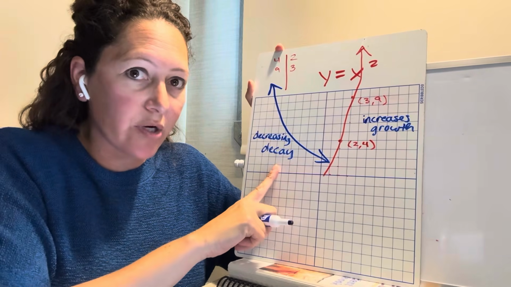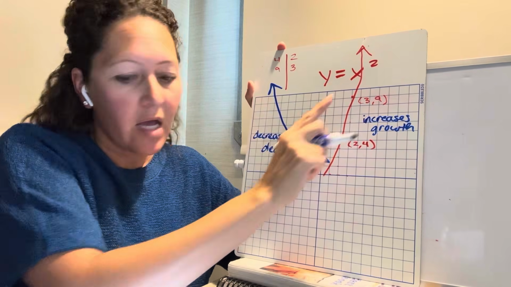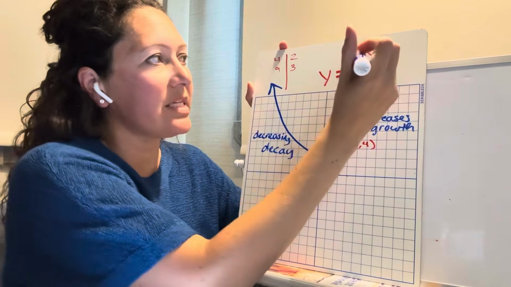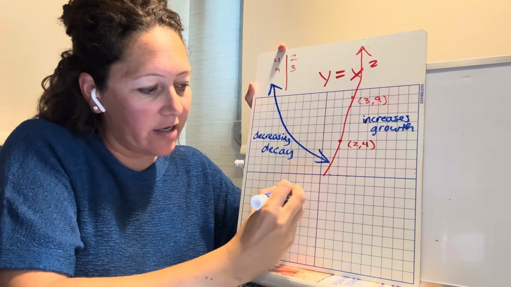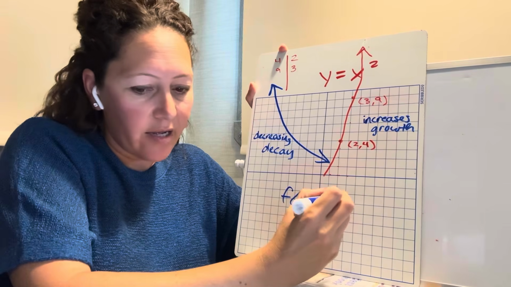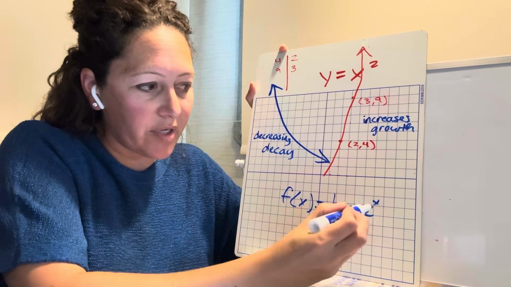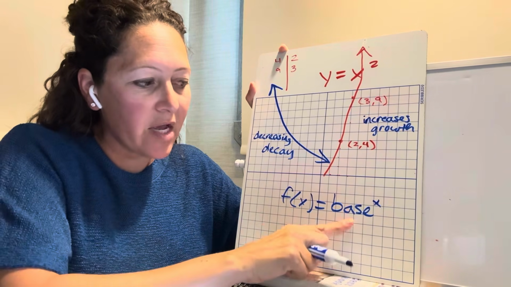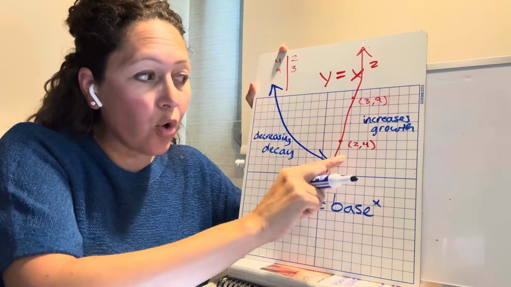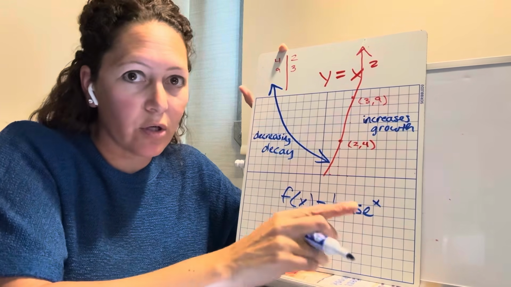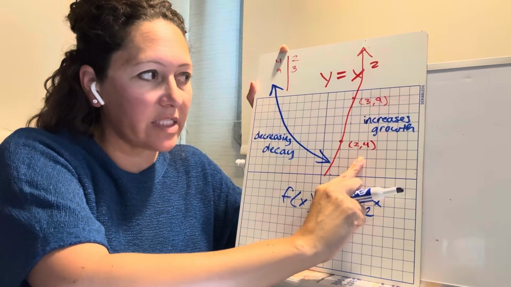On a case where you are decreasing, the base of the equation, so they give a really simple equation of f of x, here I'll write it down here, f of x equals a base with some sort of exponent up here to a certain exponent. So if your base is a whole number, so 2 or 3 or whatever, you're going to be increasing like this, increasing growth.